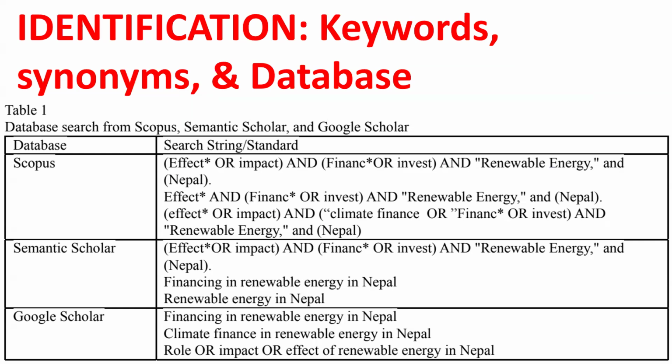For example, if you have to assess the impact of COVID on biodiversity, the impact of COVID on forest management, the impact of COVID on forests and livelihood, then forest is one keyword, forest management is one keyword, biodiversity conservation might be another keyword, socioeconomic impact might be another keyword.